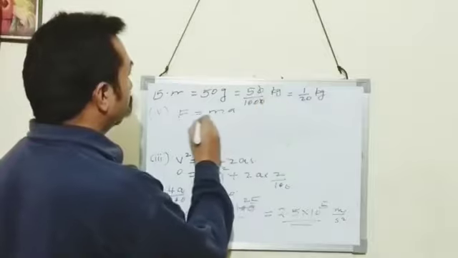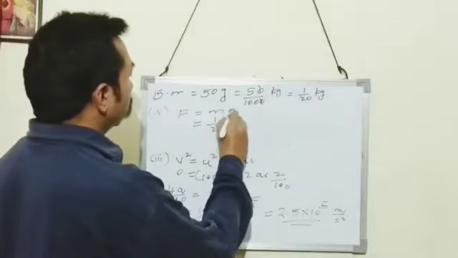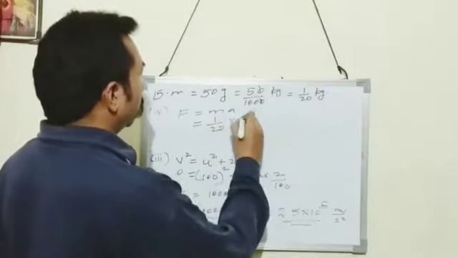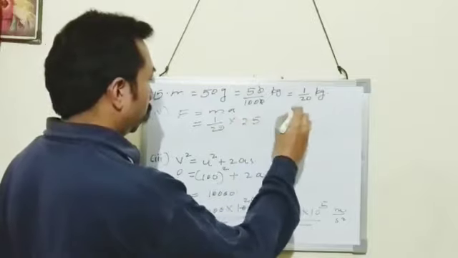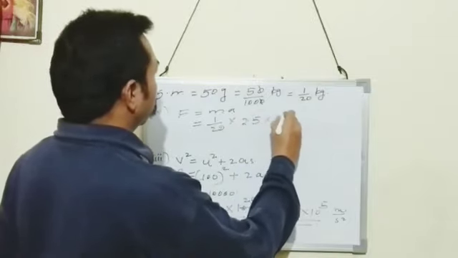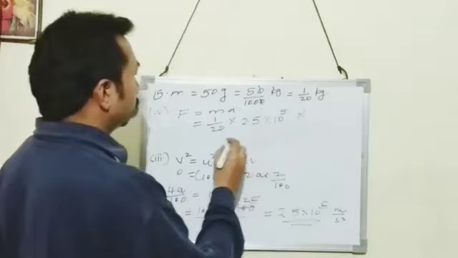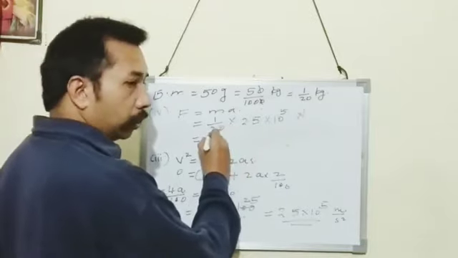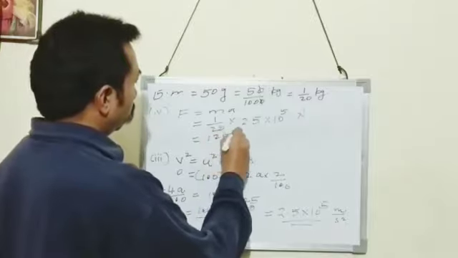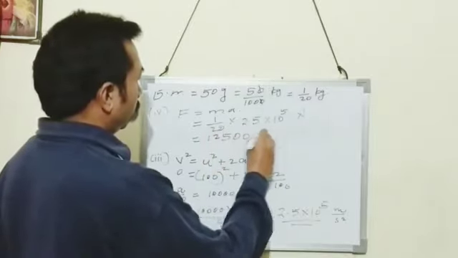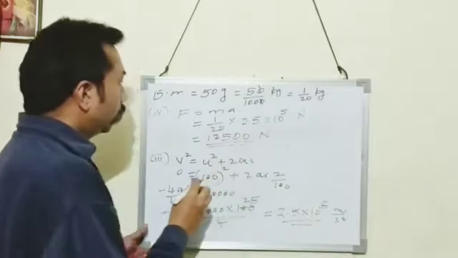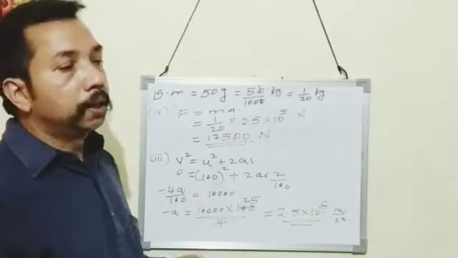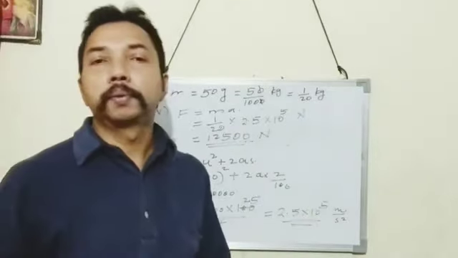Mass is 1 by 20 kg and acceleration is this one, 2.5 into 10 to the power 5. This much Newton, which is equal to 12,500 Newton. So this is the answer of question number 15.